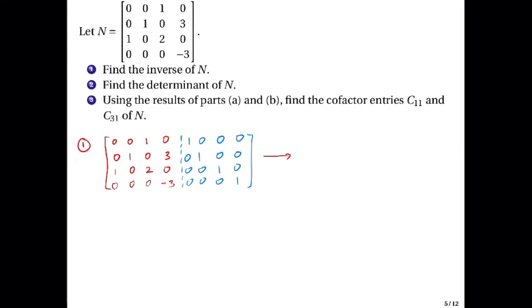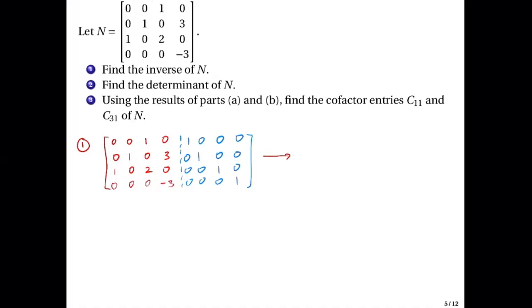The leftmost entry in here with non-zero number is this guy here. All the rest are 0, so we can just interchange row 3 and row 1.